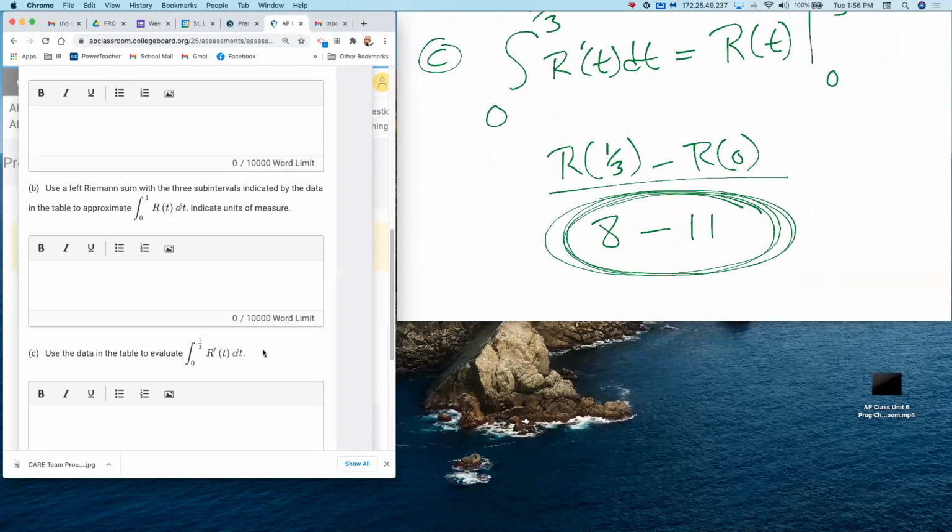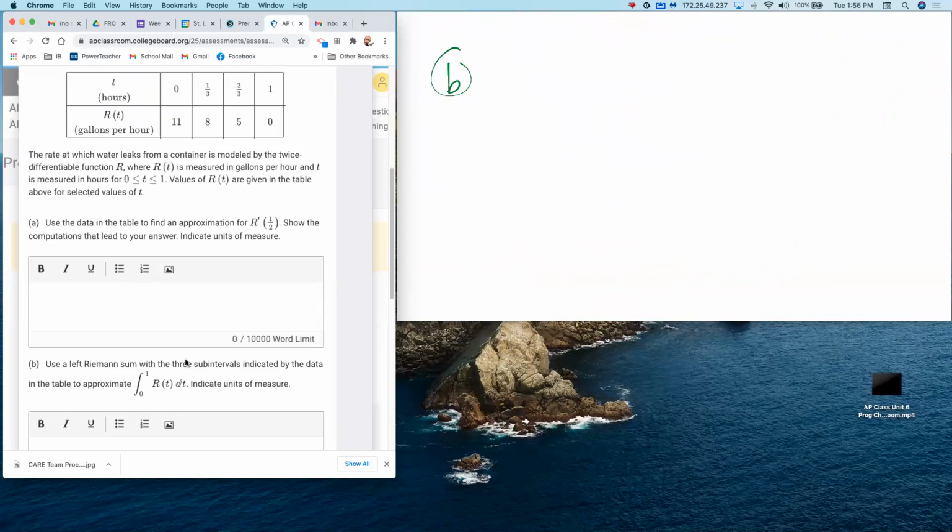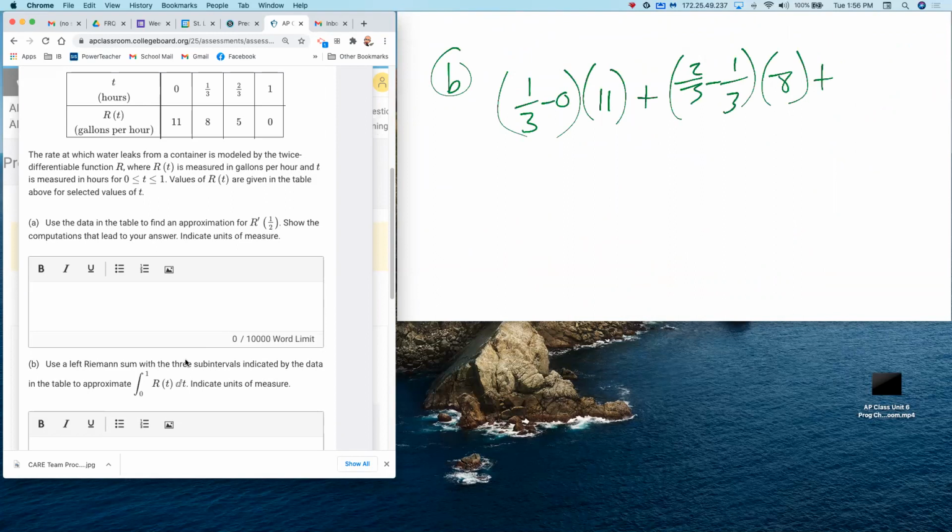So Adam's question is about part B: if I were doing another way, I could have done 1/3 minus 0 times 11 plus 2/3 minus 1/3 times 8 plus 1 minus 2/3 times 5. You could do that, but no, you don't have to show that. Nope. But you could if you wanted to.